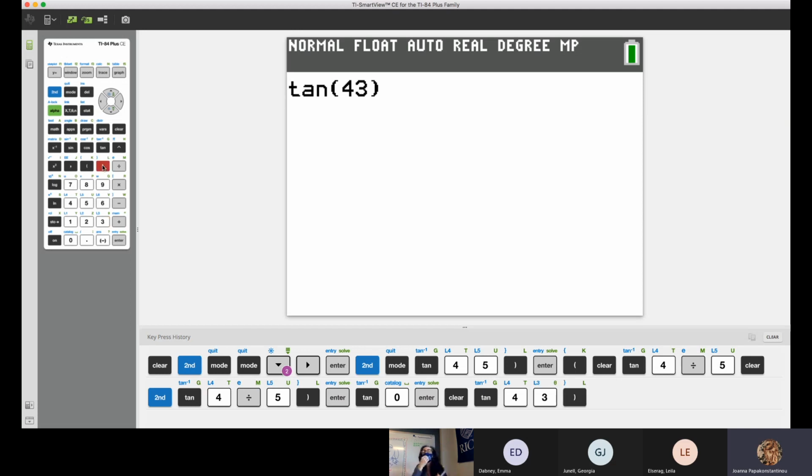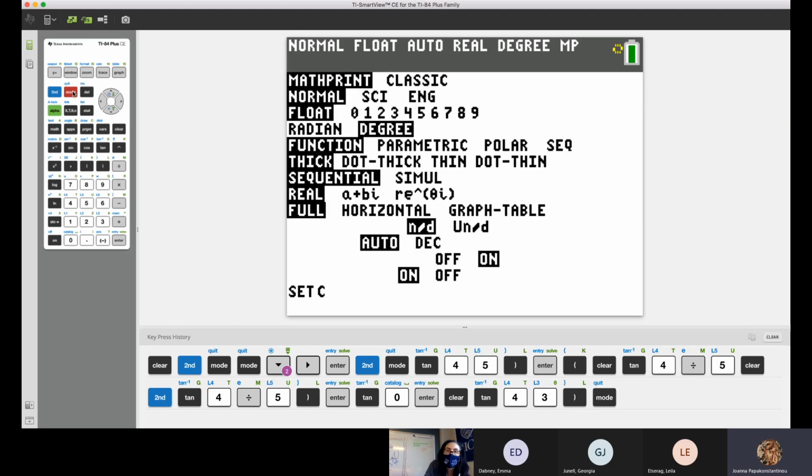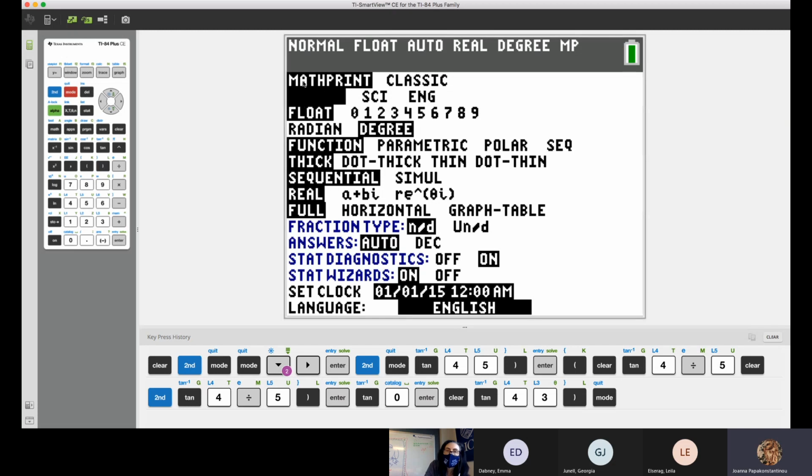Now, before we move forward, your calculator should already be set to work in degrees. But on the off chance that it isn't, or as you get into future math, you may have to switch back and forth. Let's just go back and make sure we are in degrees. Go to mode. If you go down, we should be in math print, normal, float. Those are types of numbers that you're working with.